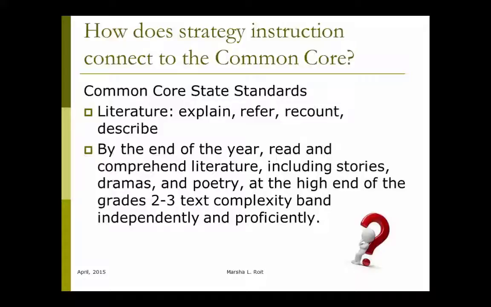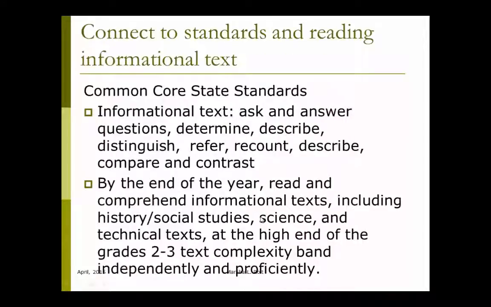That's the standard. And in addition to that, there are substandards, and it talks about structure, author purpose, and the type of text. Those are the kinds of things that we expect our students to be able to do with Common Core.